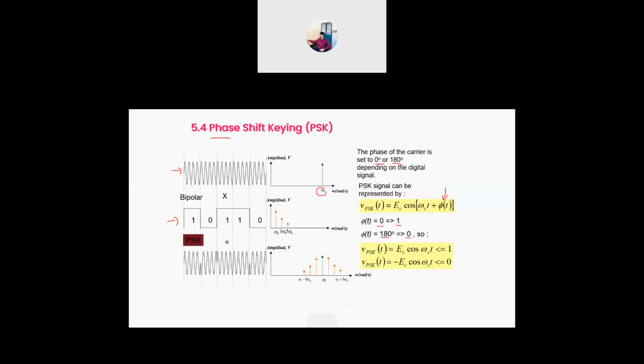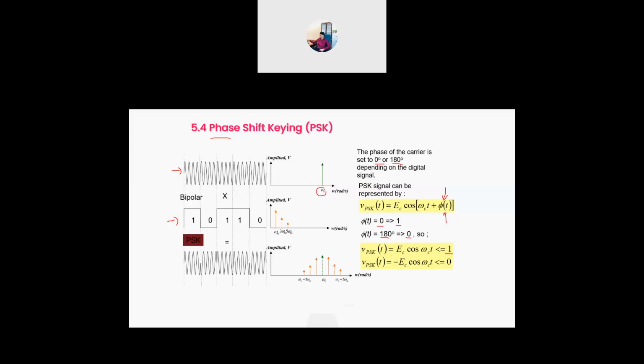So for VPSK(t), if you have phi equals 0, you will end up with EC cos omega CT. This is a 1, with no phase inversion, positive.